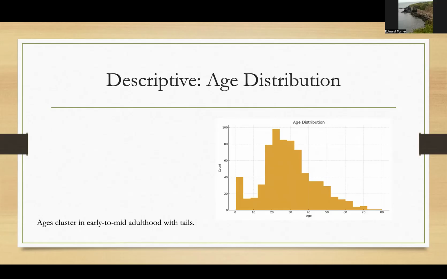But as you can tell, this follows a skewed distribution. Seemingly, it is left skewed, meaning that the median is, quote unquote, on the left side of what the mean would be. So, very interesting data set overall.